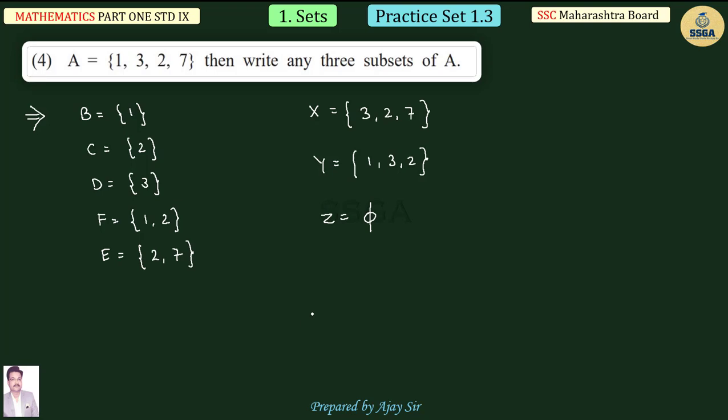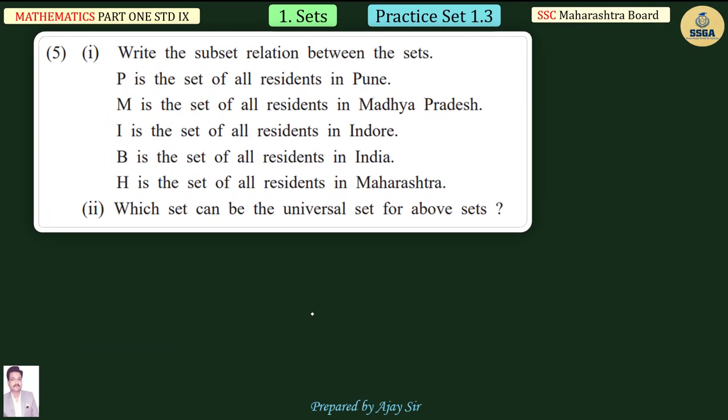Now let us start question number 5. Write the subset relation between the sets. Here P is the set of all residents in Pune. M is the set of all residents in Madhya Pradesh.